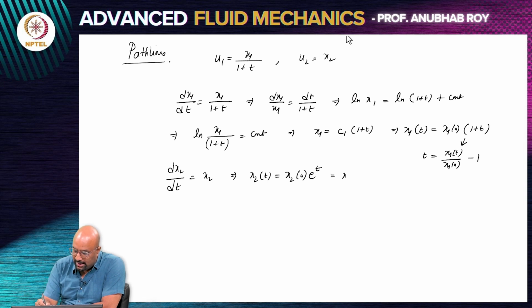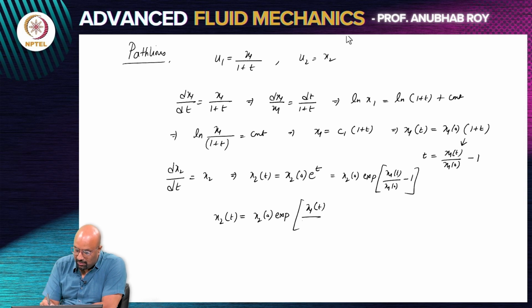So when I plug that in, the path line equation that we have is x2 of t equals x2 of 0 times exponential of (x1 of t divided by x1 of 0 minus 1).